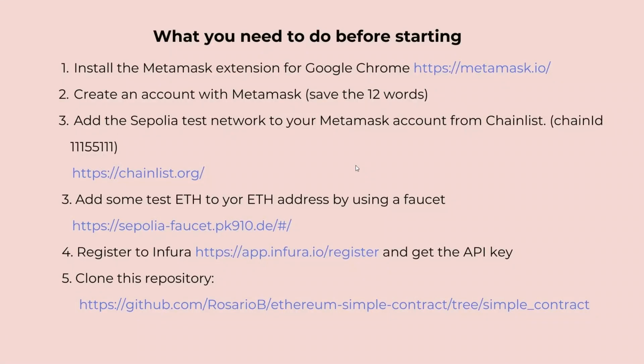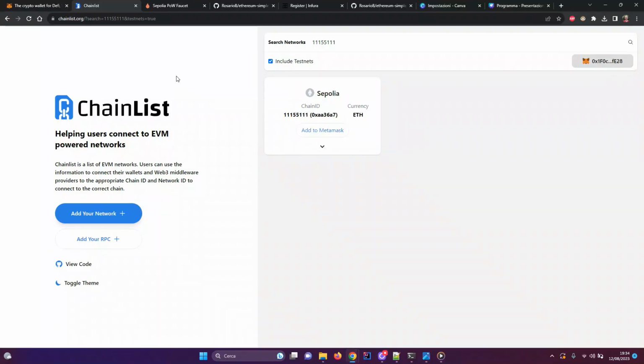In the third step, we need to add the Sepolia test network to our MetaMask account, and to do so, we will make use of Chainlist at this URL. So, this is the Chainlist web page.